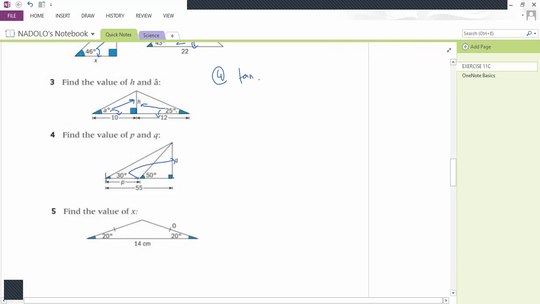So you can say tan 30 degrees is given by opposite divided by adjacent, Q divided by 55. So if you want to get Q, you'll have to multiply tan 30 with 55. You can either use your GDC or do it by hand using the special triangle. 30 degrees is here. This is equal to root 3 and then this is 2.